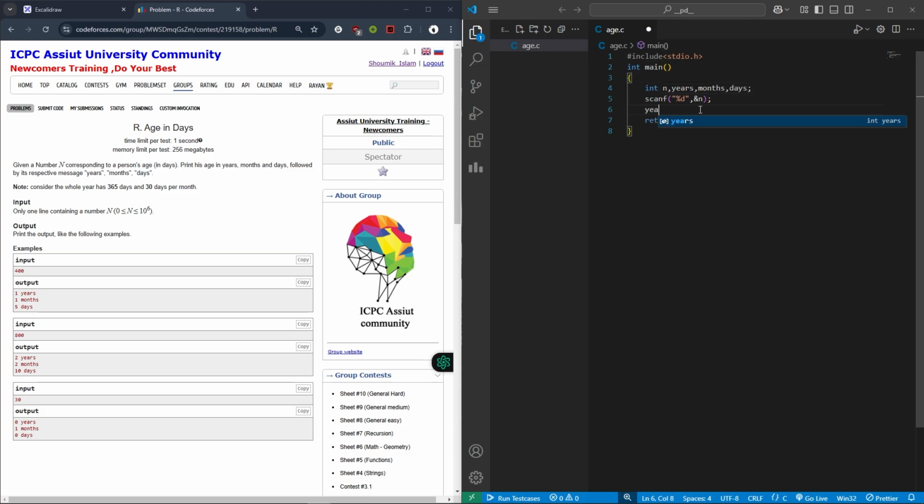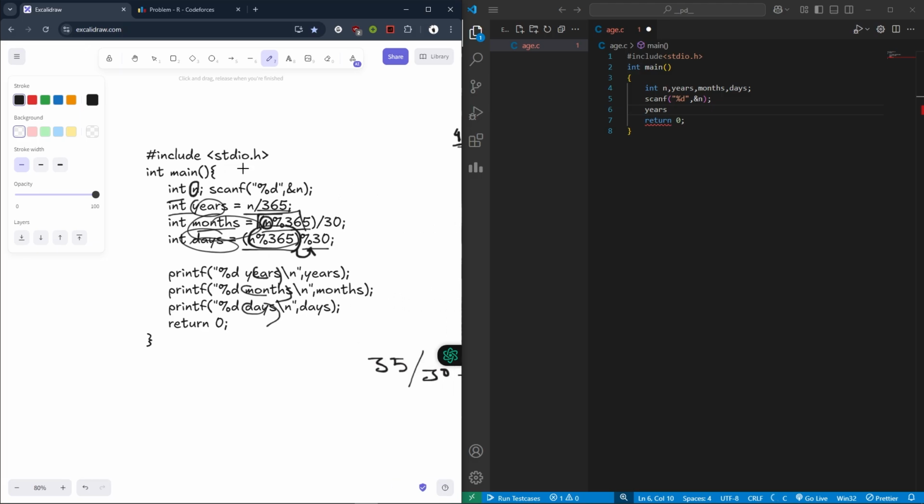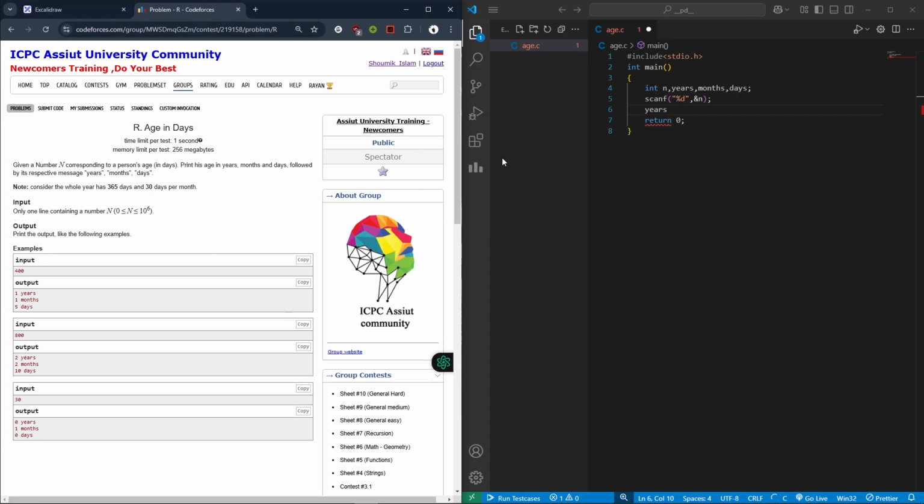Let's calculate the years first. As I've told you guys before, we'll divide the input by 365, with which we'll get how many years there are. So let's do that. Years is equal to n divided by 365. Now we've got the years. Now we have to calculate how many months there are.